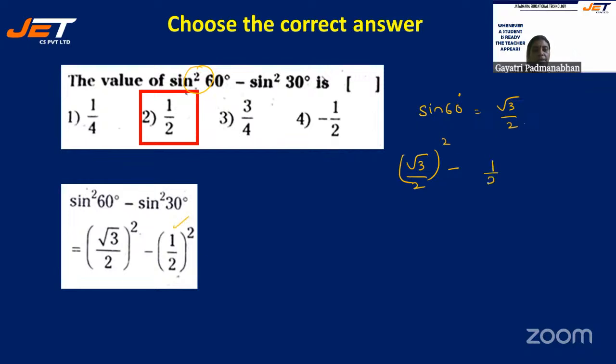So minus half the whole square. How whole square? Because it is sine square. So root 3 into root 3 is 3 by 2 square is 4, minus 1 into 1 is 1, 2 2s are 4, which is 3 minus 1 is 2 by 4, which is 1 by 2. That is why you have opted option 2 as the correct answer.